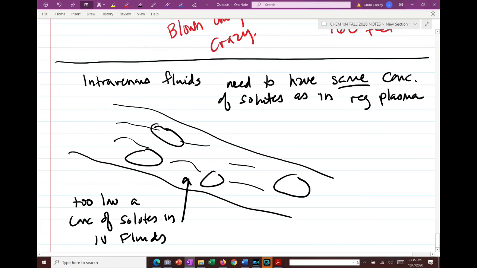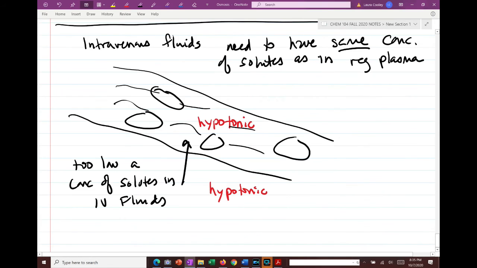We say that that is hypotonic. In other words, the concentration of solutes is too low. It's lower than in the red blood cells. So when you have a difference in concentration of solutes, you'll get a flow of water. So water will flow into the red blood cells.